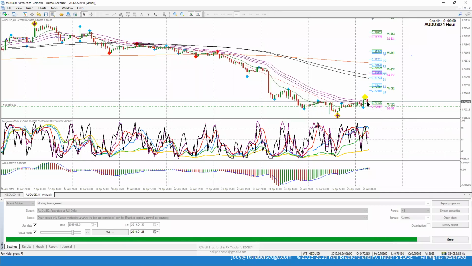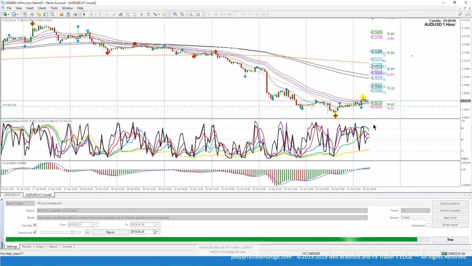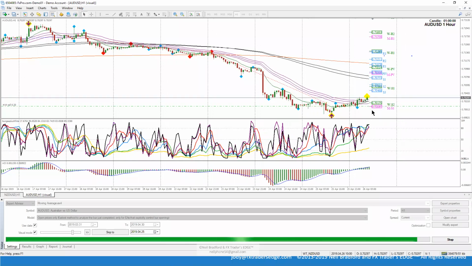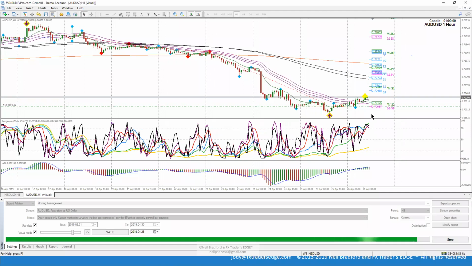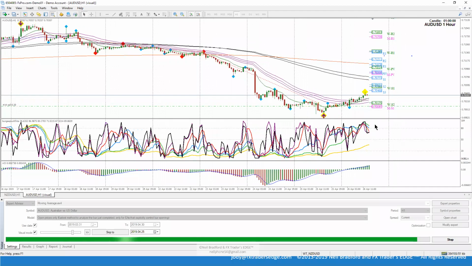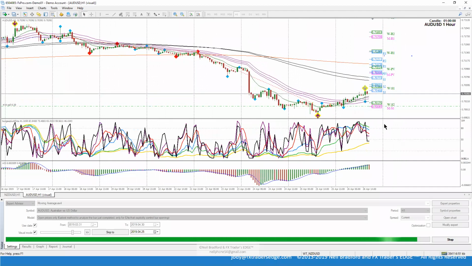Well, I wouldn't trade it at this point, so it doesn't matter. But we're certainly coming down. We only did it in one candle. One candle, that's all. Right, so now we're going to fail to make a new low.